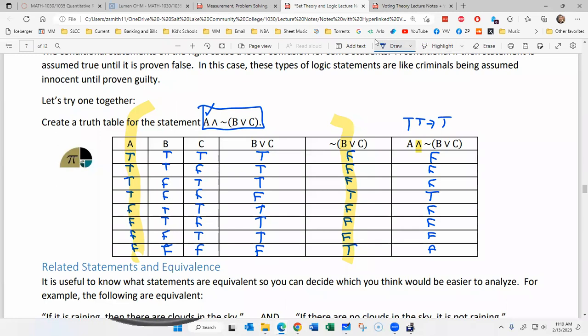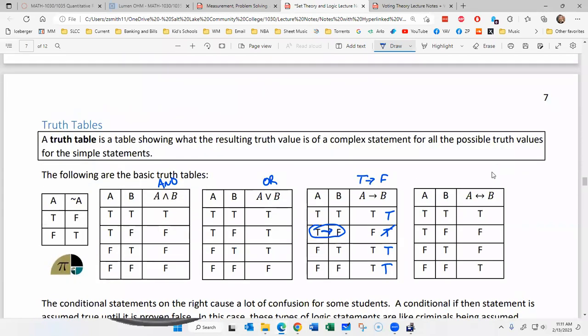So these tables are useful to prove or disprove arguments. And then they'll just ask you to fill these out as well, and you want to be able to fill them out. For the ands, a true, true gives you true. Other than that, they're all false.